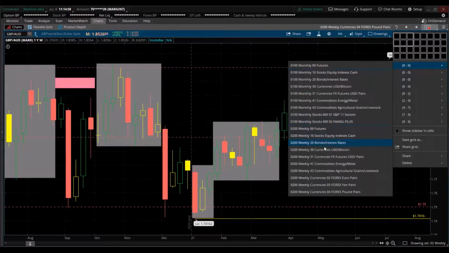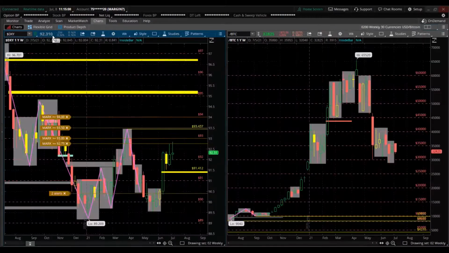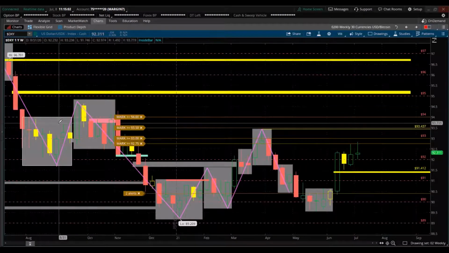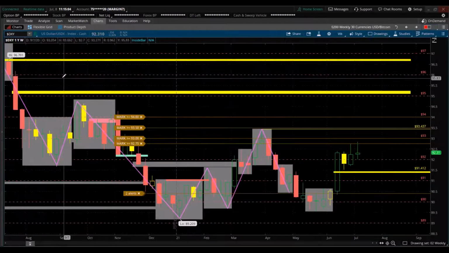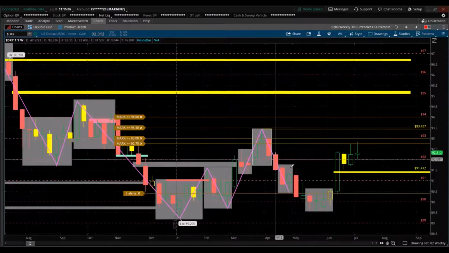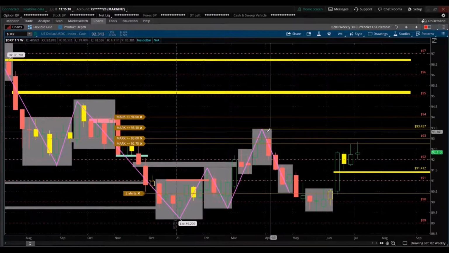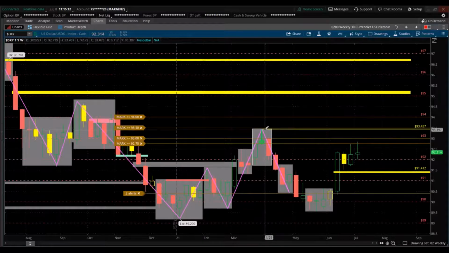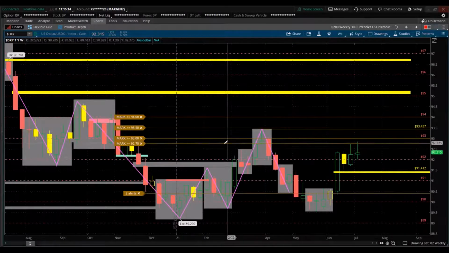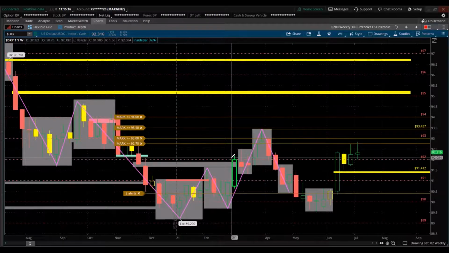Let's look at the US dollar index and cryptocurrency. So the US dollar index: higher high, higher low, momentum's to the upside. Maybe we'll reach this swing high. But make note, the US dollar index is comprised of several currencies.